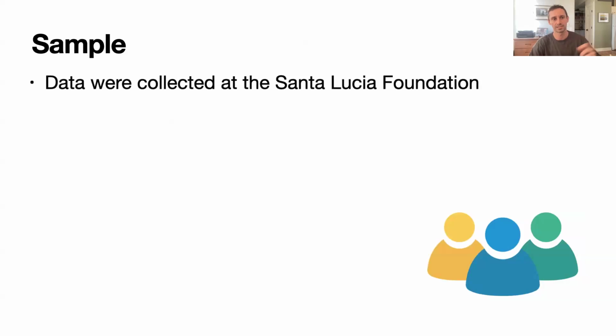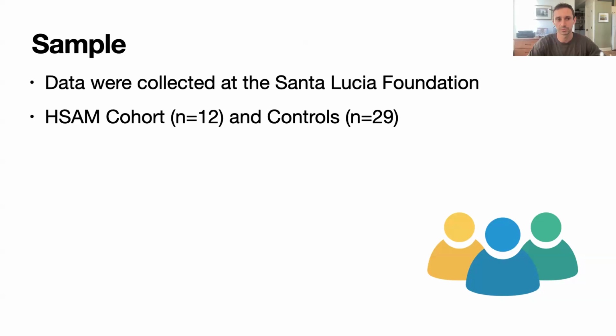So this sample was collected at the Santa Lucia Foundation. We had 12 individuals within the HSAM cohort and controls that were matched for age and gender. 12 might seem like a small number, but within this rare cohort, it's actually quite good. And a lot of papers have been written with just a single HSAM individual. So we were quite glad to have at least 12 participants in our HSAM cohort.